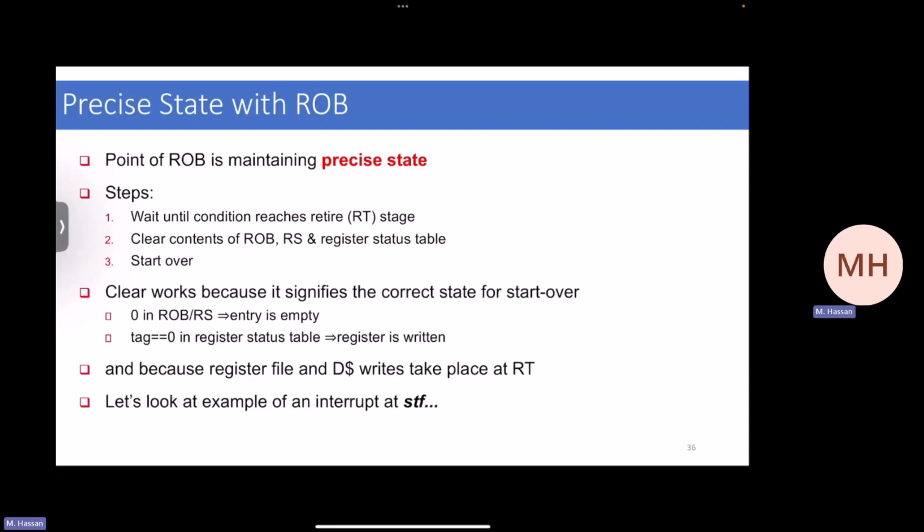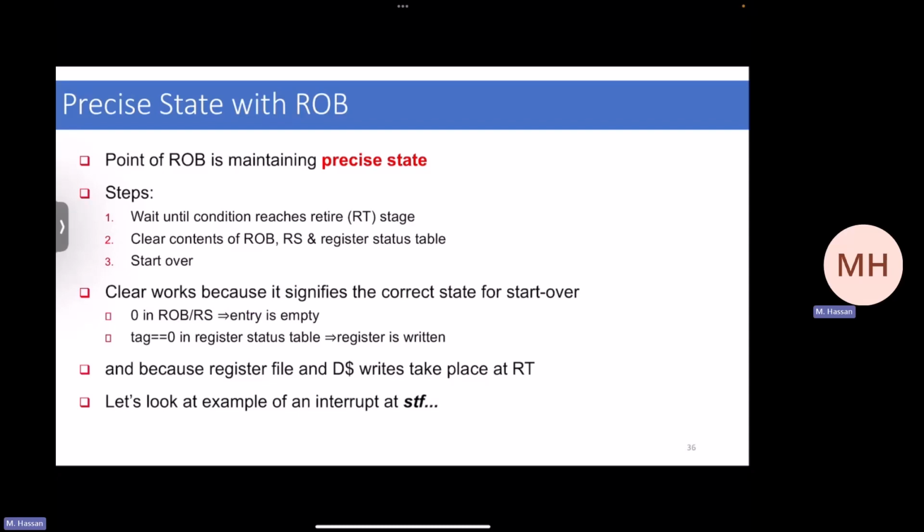So when you are coming back from your exception, which instruction are you going to start from? In that case, yeah, it's the store, right? Why is that safe to do so? Because, for example, even if the add is also complete, I did not write the result yet into the register file. So it's safe to start from here and basically execute everything from the beginning.